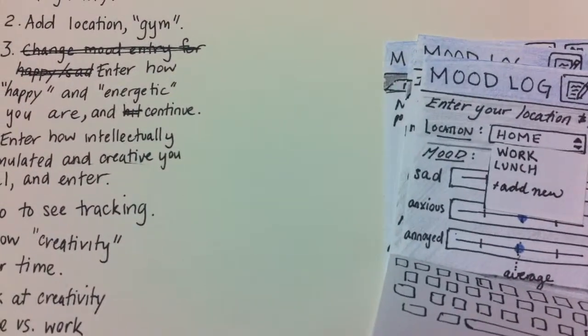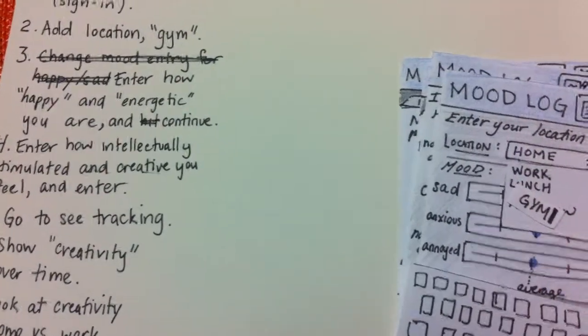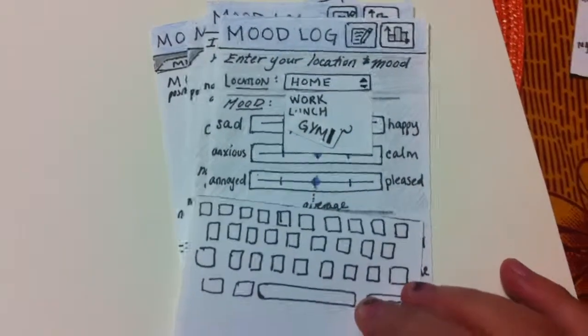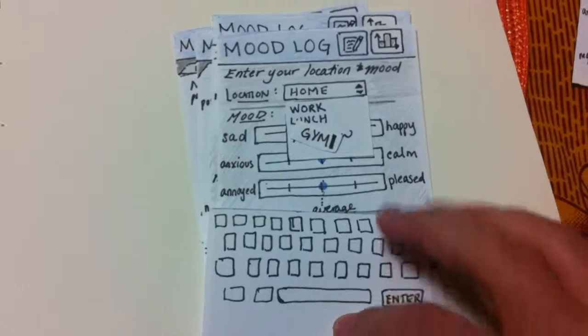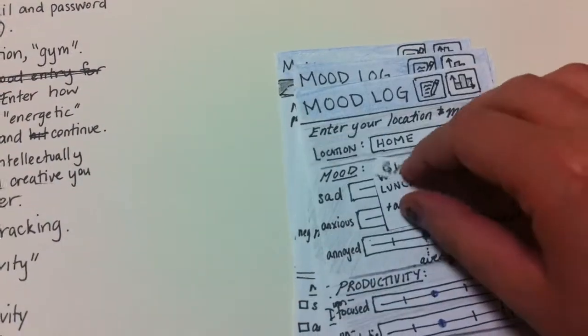Here we go. So I type in gym on my keyboard, I hit enter, and then the gym replaces home.